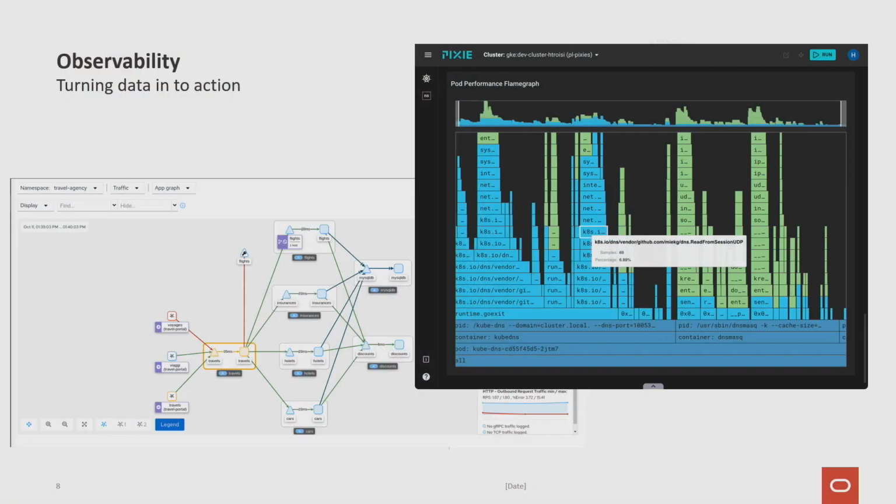Pixie is another tool, and Pixie is based on eBPF, which is a really, really efficient way to monitor your systems at a very, very fundamental level. It can show you exactly where bottlenecks are in your code, right from the operating system calls all the way into your applications.